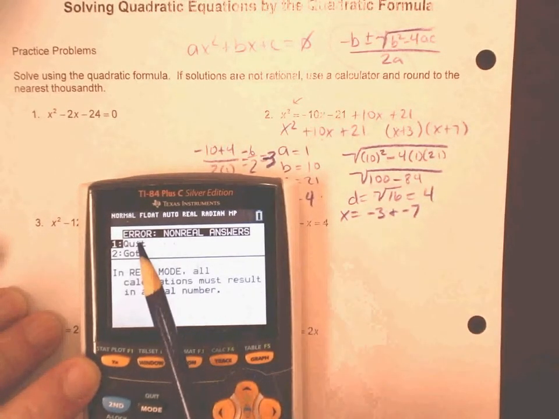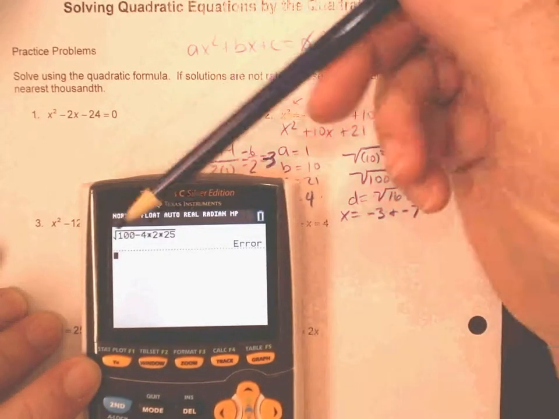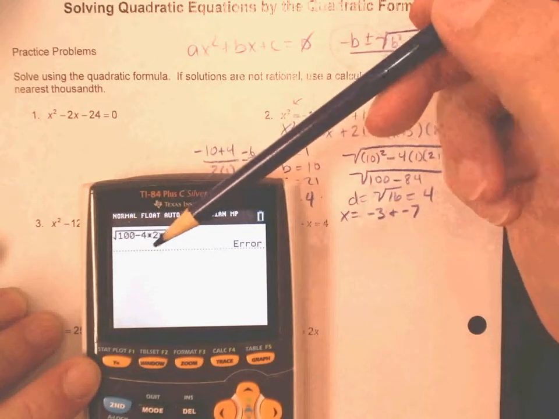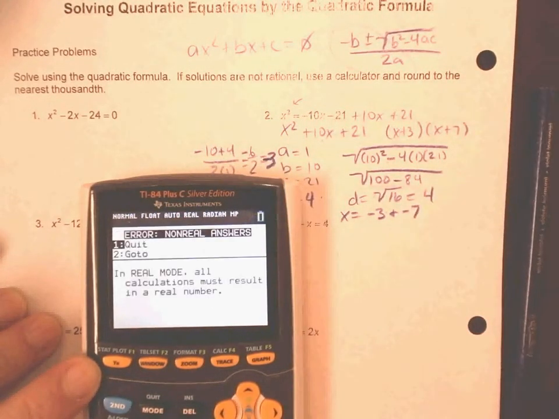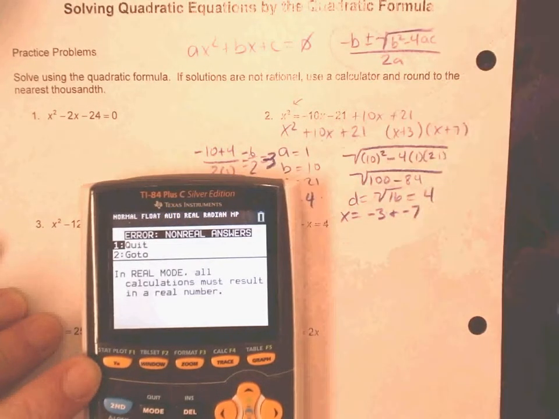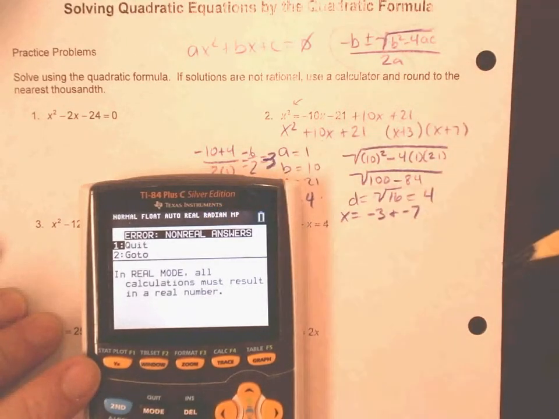Now, when I do that, I get an error for non-real answers. The reason for that is that 4 times 2 times 25 would end up being 200. 100 minus 200 is a negative number. The square root of a negative number is a non-real number, because you cannot take the square root of a negative number. So when you see this error, it means that there is no solution.